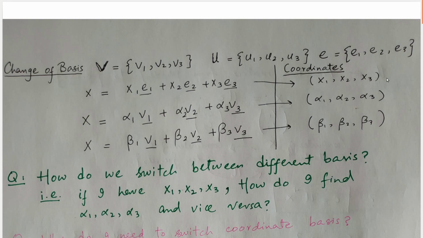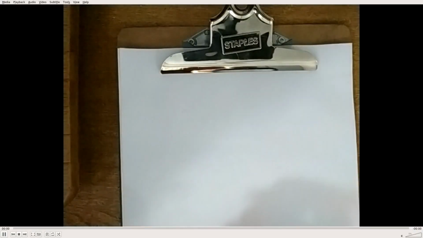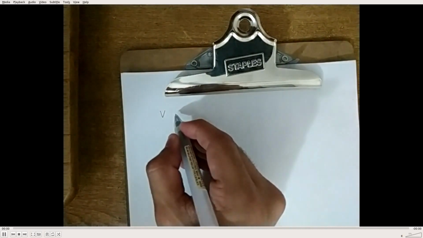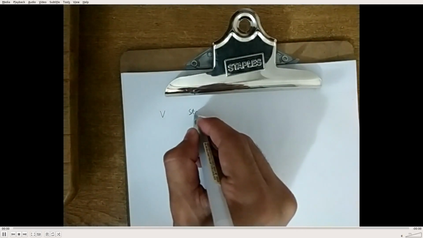Let's get to the idea. We did bases and dimensions, and we said that if you have a vector space, the basis vectors can be different. For example, if you have a vector space V, you can have different bases for it. We already know there are some standard bases.